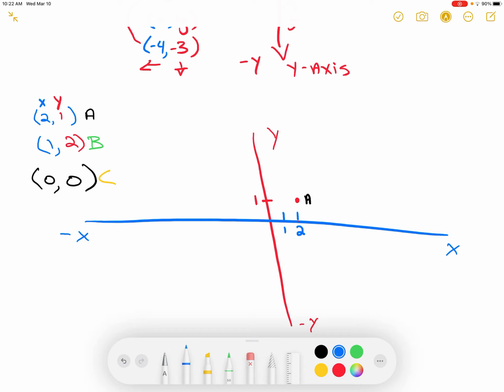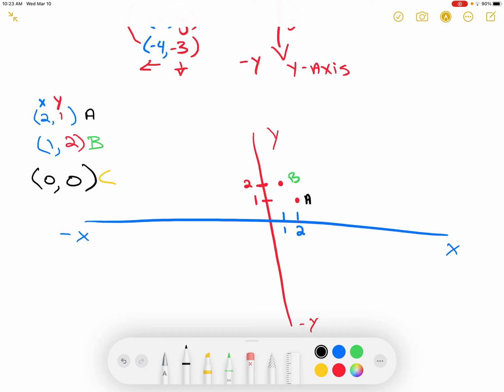Now let's try point B, which is at 1, 2. My x value is 1, so I'm still on the right side, positive, and I'm going up 2 now. And so I started at 1, and then I went up 2. 1, 2. There is point B at 1, 2.